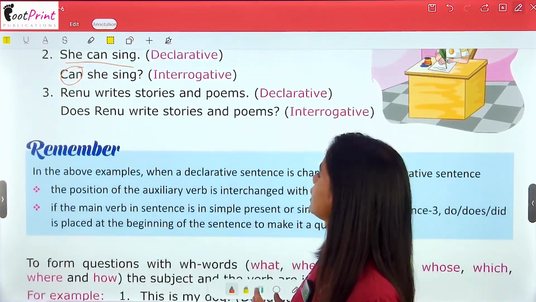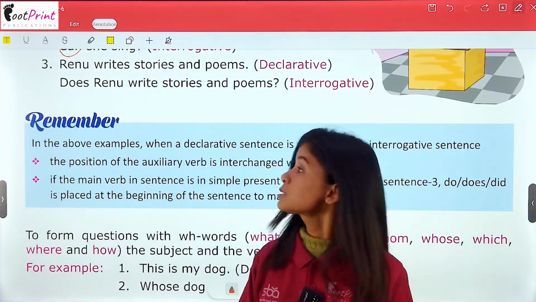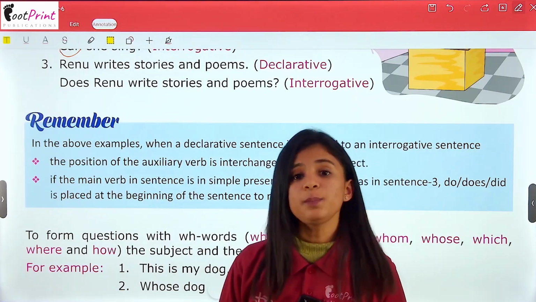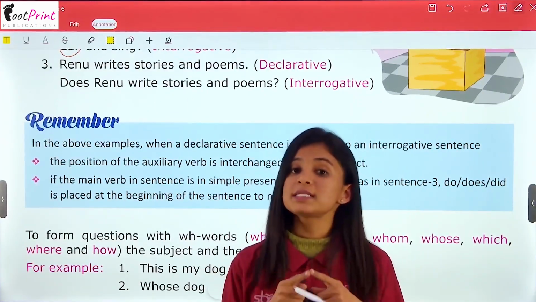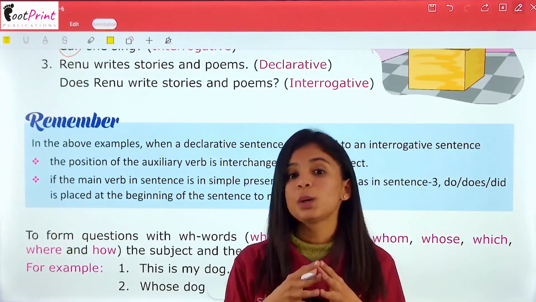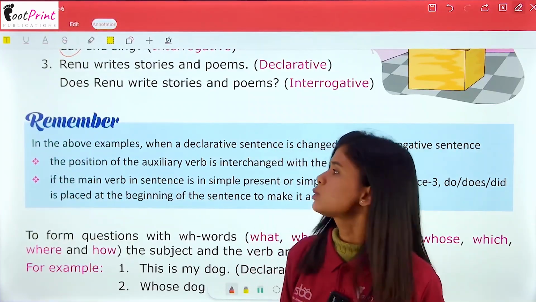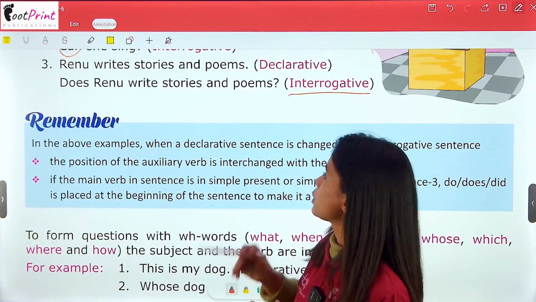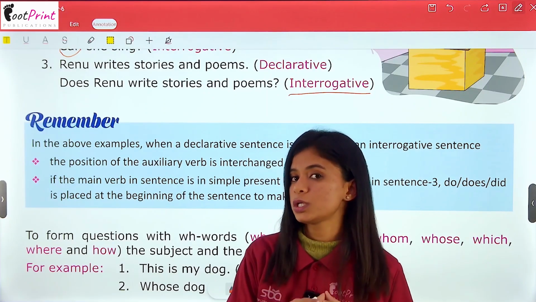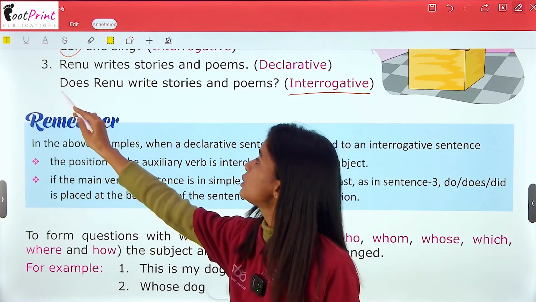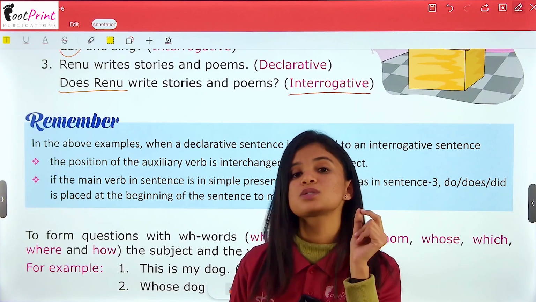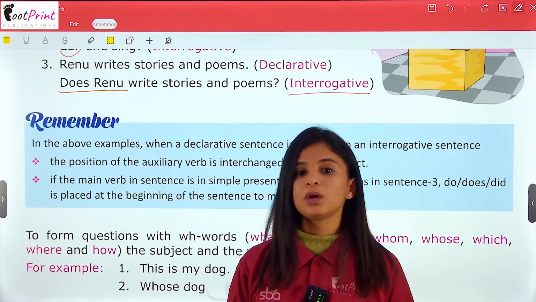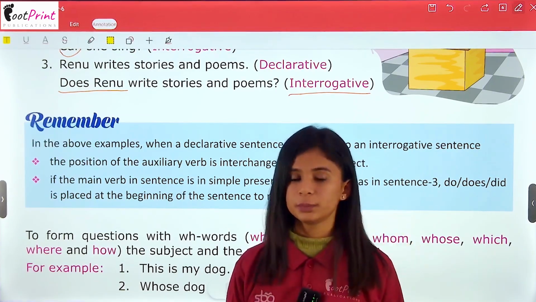Okay? And the last sentence we have is, Renu writes stories and poems. Again, this sentence is telling us that Renu writes stories and poems. But in the next sentence, when we convert it into an interrogative one, we will put the auxiliary verb first, and that will be, does Renu write stories and poems? Okay? The stress will also change and it will go upon the auxiliary verb.